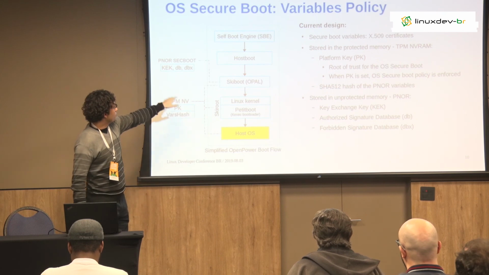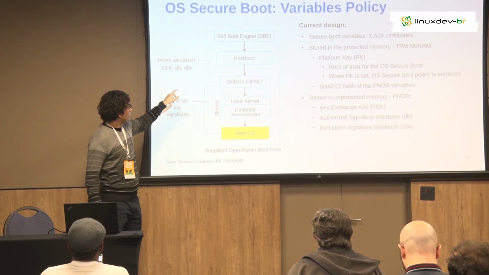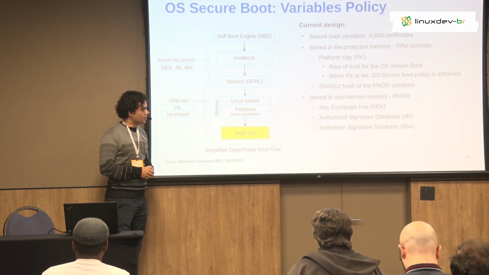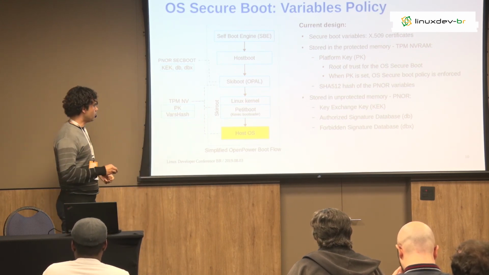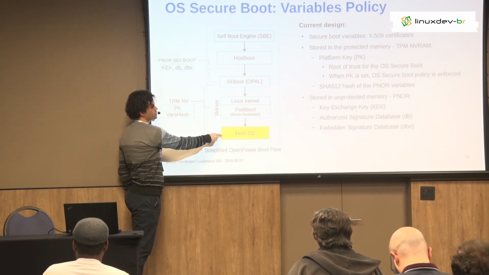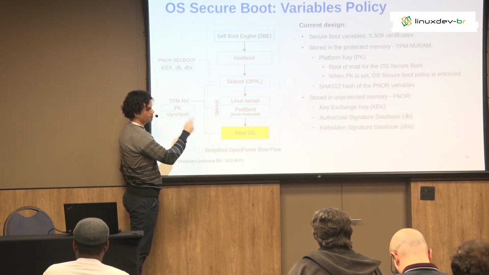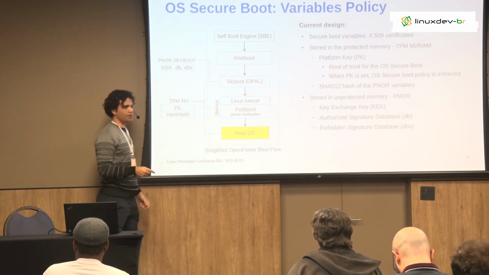Okay, we have these other three keys here. What are they used for? The DB: if you want to install an OS kernel and execute it, first you need to add your public key to this DB. It's a database.